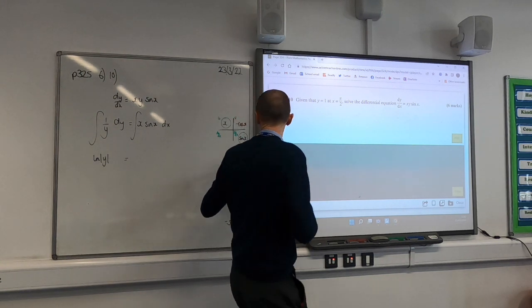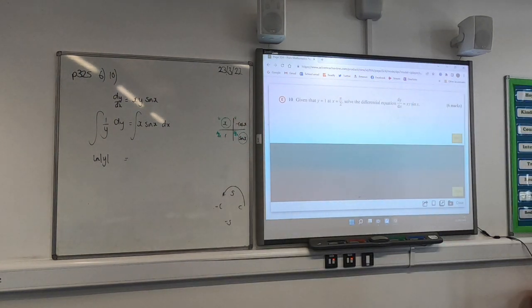So see if you can find the rule on page 7 and see if you can do the right-hand side using integration by parts. And you've got a boundary condition, so hopefully you can get a particular solution. Interestingly, it doesn't say how it wants the answer this time. It doesn't say it wants it as y equals.